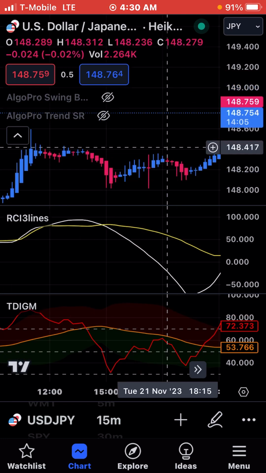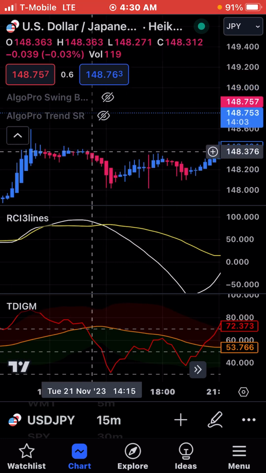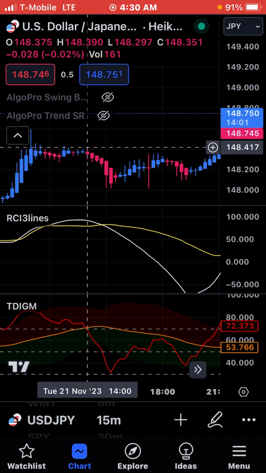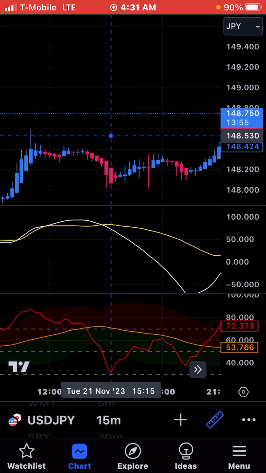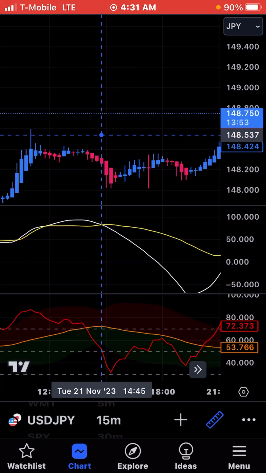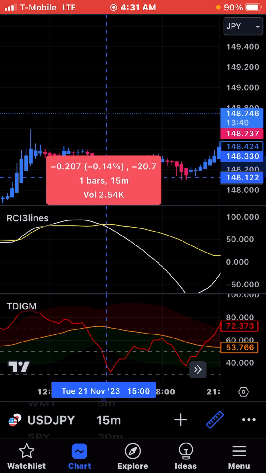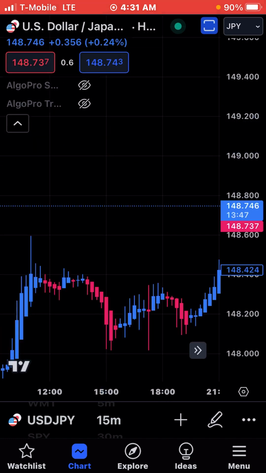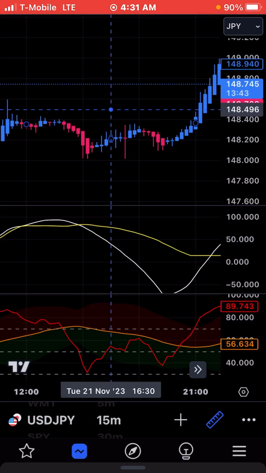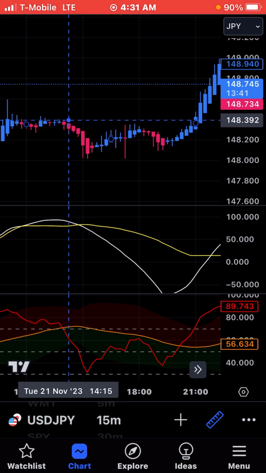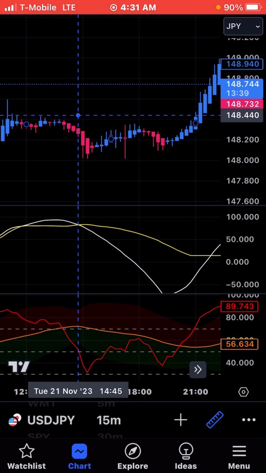And let's see, we got it crossing down right here, and it crosses down right here. So you would get in probably right around here when the second one crosses. And you get in right about here, and you just ride this one out. Now, when you ride this out, you want to know, when do you sell? Well, the lines can help you determine when to get in, when to get out. You see them both crossing right here.